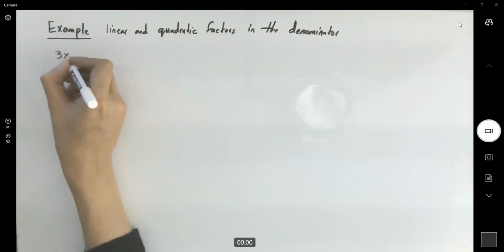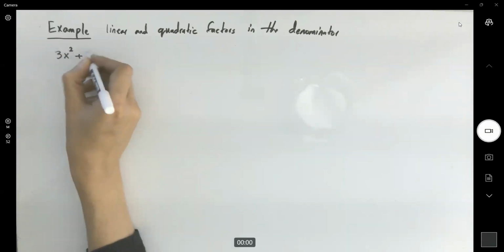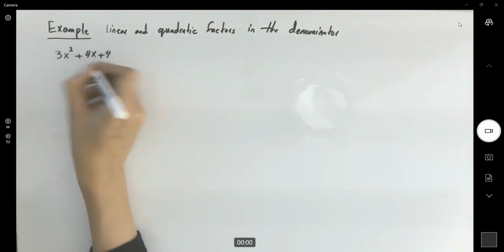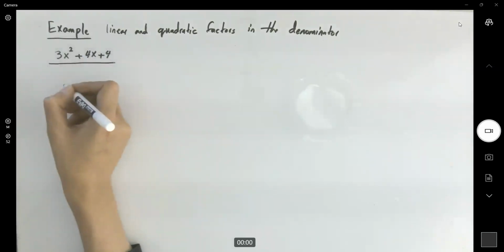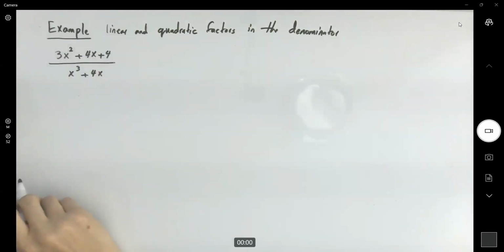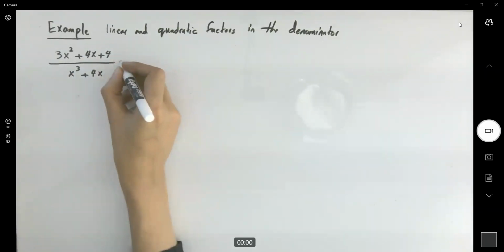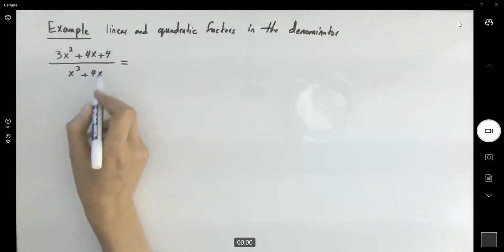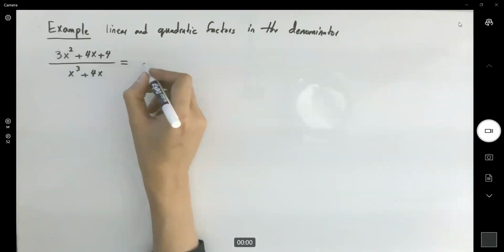Here I have 3 times x squared plus 4x plus 4, and I divide this by x cubed plus 4x. Very well. So remember, our very first step is to factor out the denominator.